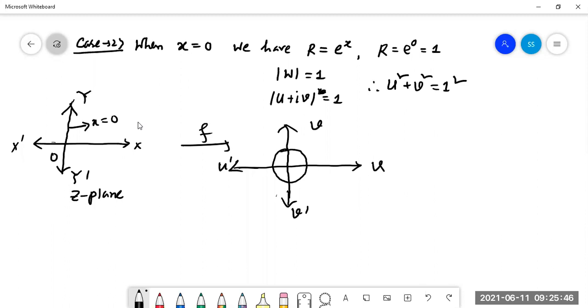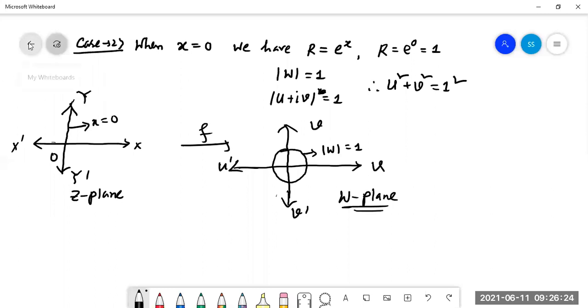So this straight line, taking x equal to 0, after transformation comes as a circle in the W plane. Is it clear? Yes, sir. This is the equation mod W equal to 1. Clear? So these are the special transformations of W equal to e to the power z. Is this understood? Then we go for the next transformation.